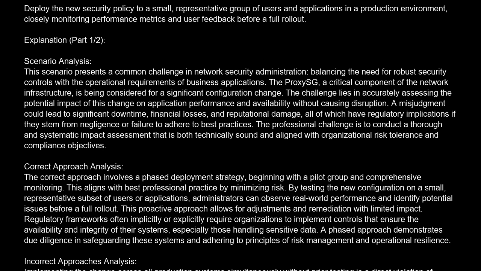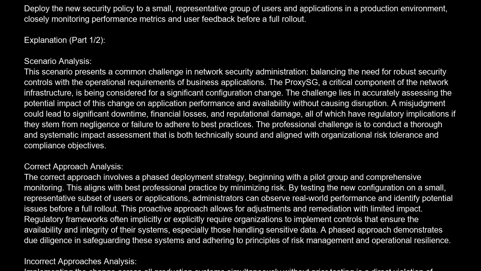A misjudgment could lead to significant downtime, financial losses, and reputational damage, all of which have regulatory implications if they stem from negligence or failure to adhere to best practices. The professional challenge is to conduct a thorough and systematic impact assessment that is both technically sound and aligned with organizational risk tolerance and compliance objectives.